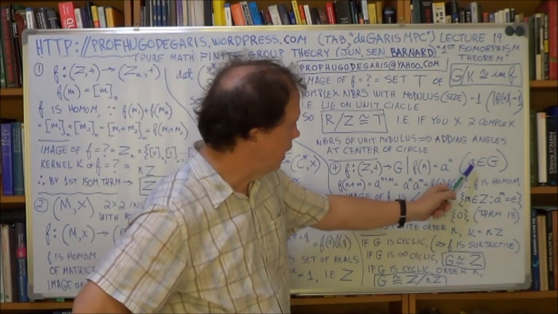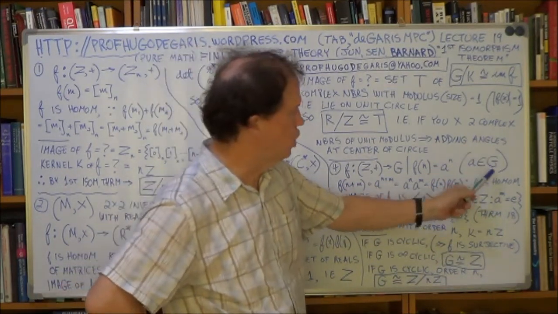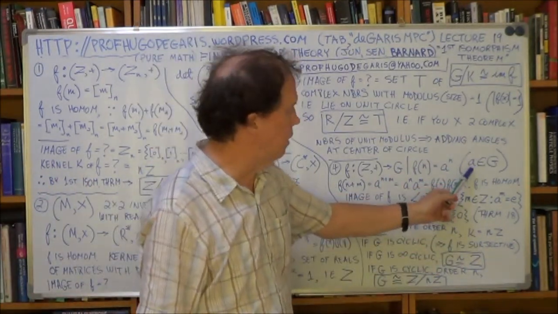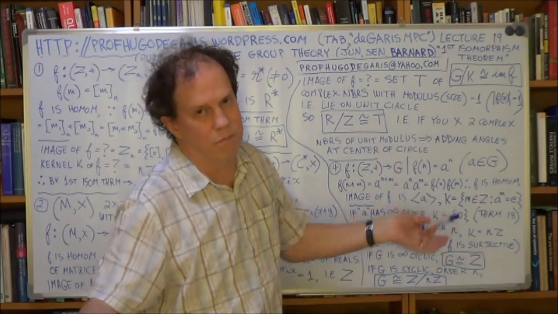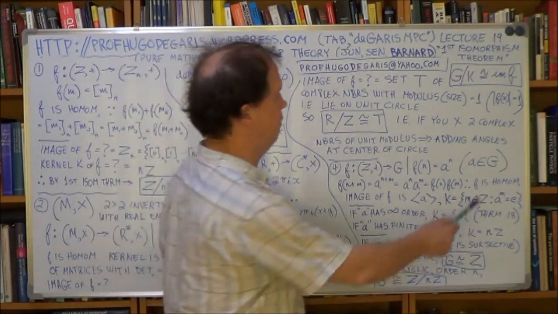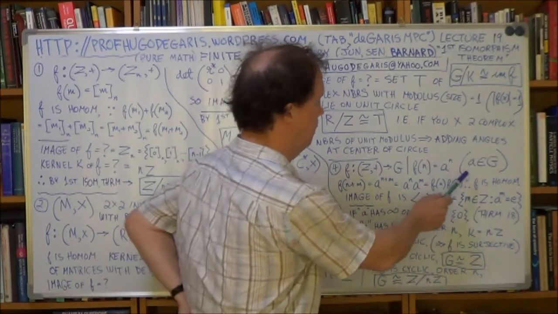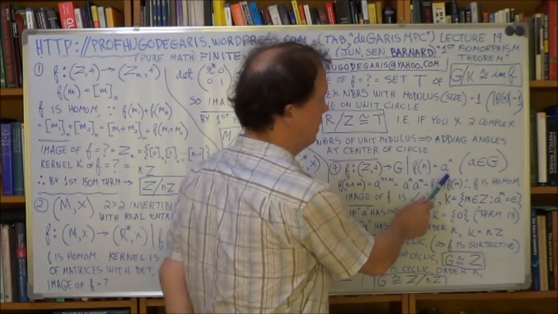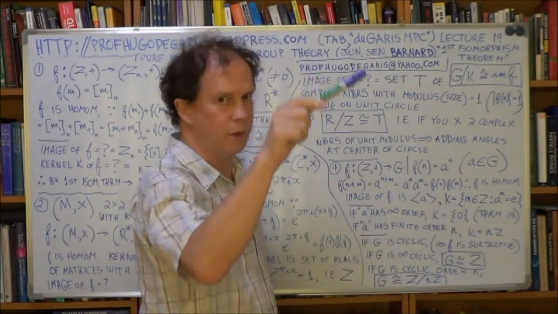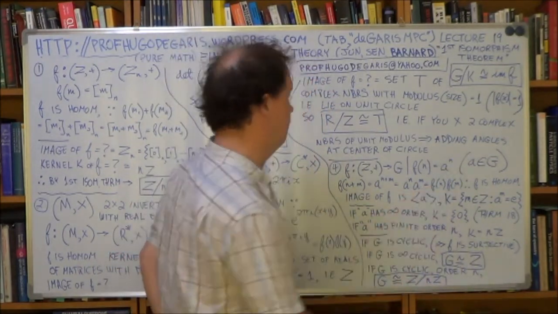Well, a is just any member of some group G, quite general. You've got a group G, and a is just some random, if you like, member of that group G. So you just raise that element, little a, to the nth power, this integer.